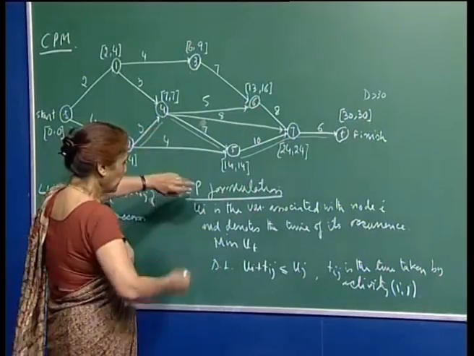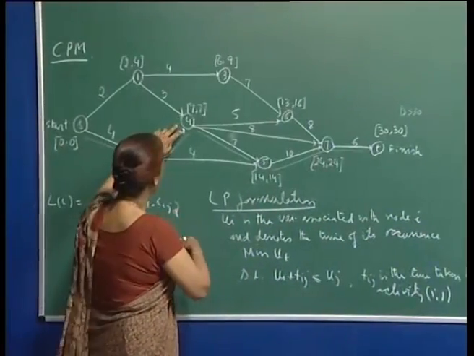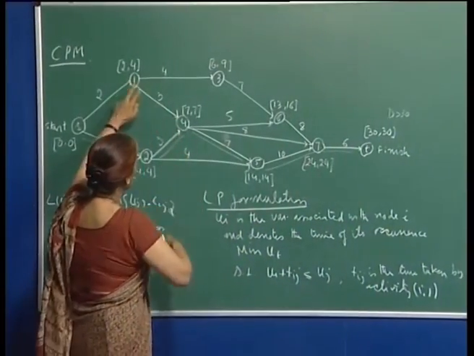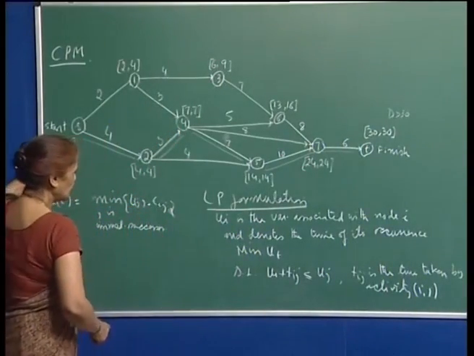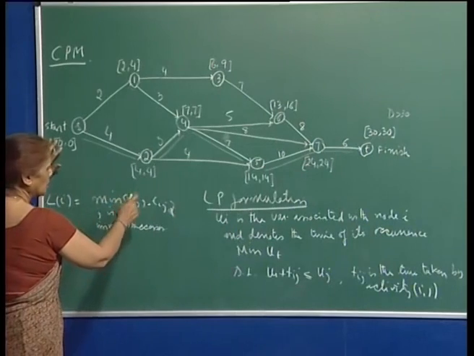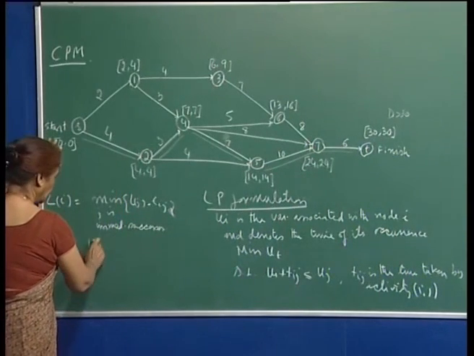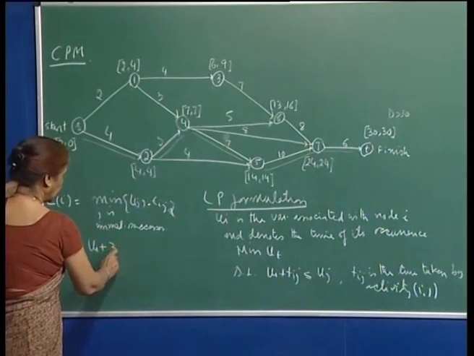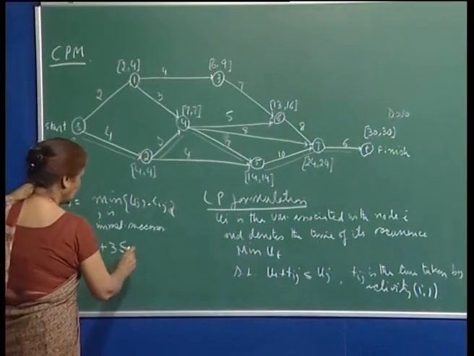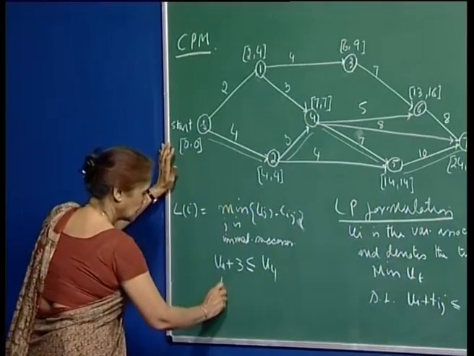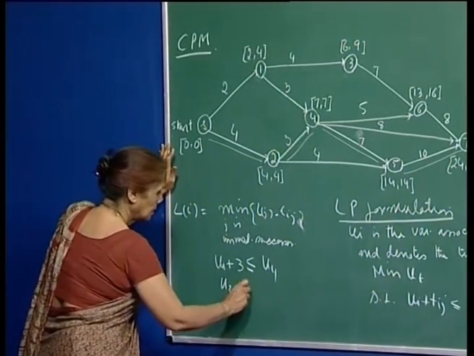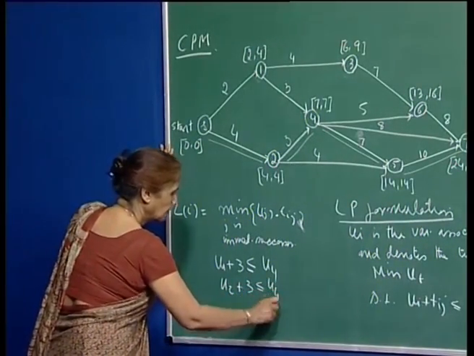For example, when you want to look at node 4, the corresponding constraints will be what? Just for node 4, I want to write down for you. U1 plus 3 is less than or equal to U4, but you will also have the constraint that U2 plus 3 is less than or equal to U4.